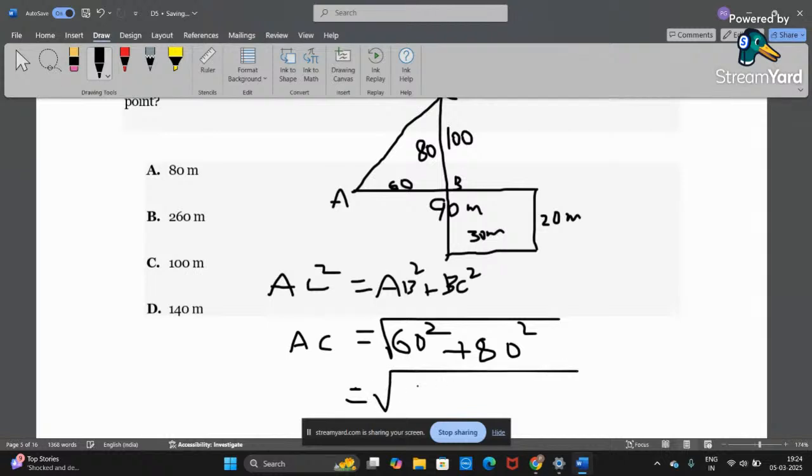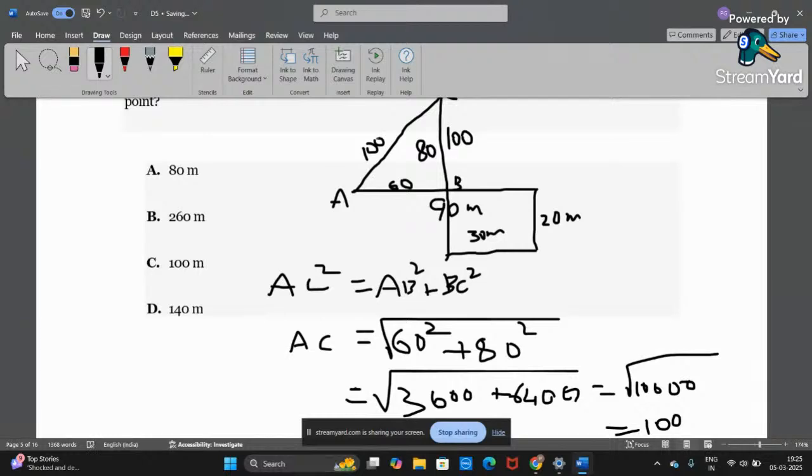So root 60 square means it is 3600. 80 square it is 6400. After adding this, we get 10,000, right? So root 10,000 it is 100. So the distance from A to C it is 100 meter. This will be your answer.